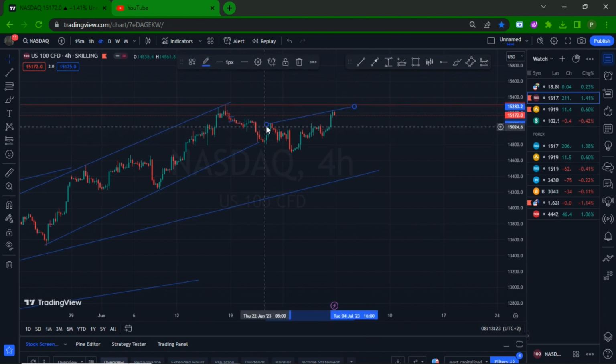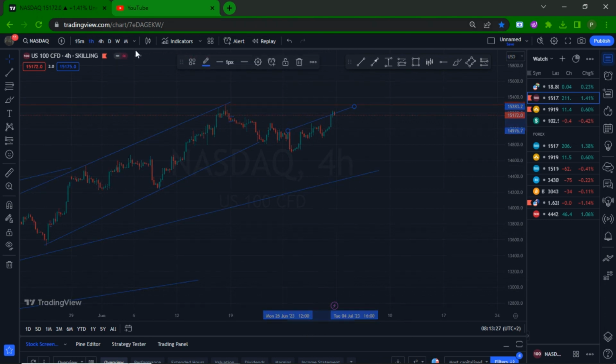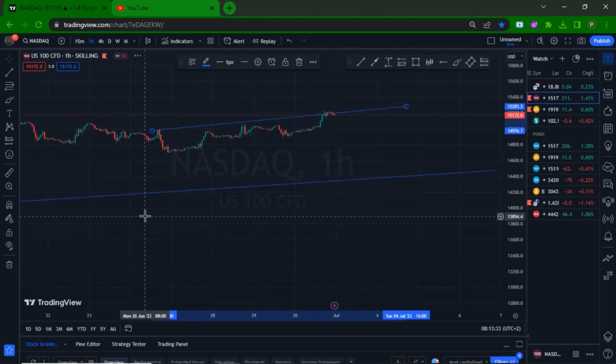But let me put it here. I'm trying to use the most recent price action, or let me just go into the 1 hour to make this much clearer, because we already see the bigger picture from the higher time frame, right?